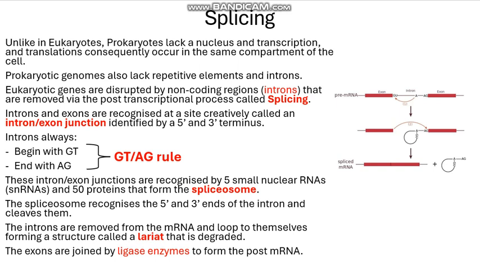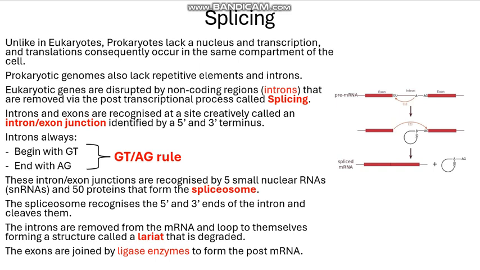These intron-exon junctions are recognized by 5 small nuclear RNAs, called snRNAs, with 50 proteins that form the spliceosome.